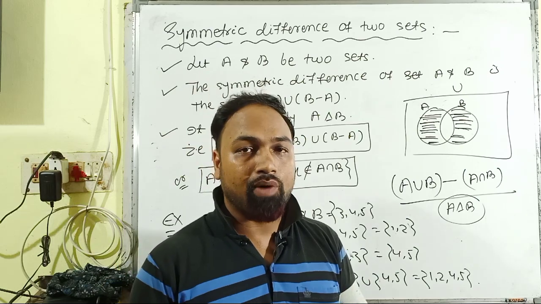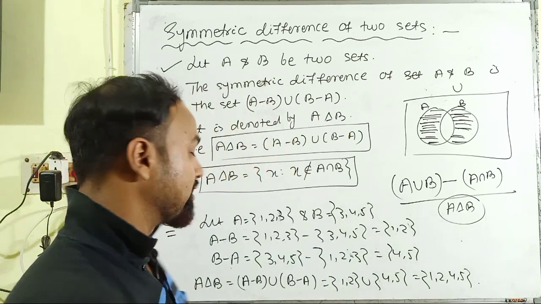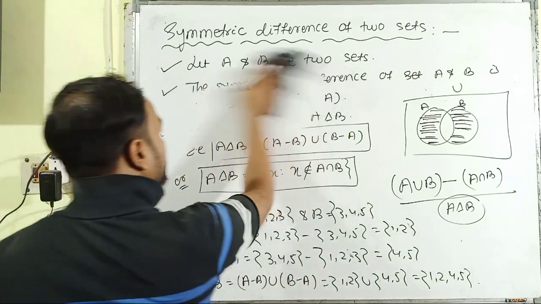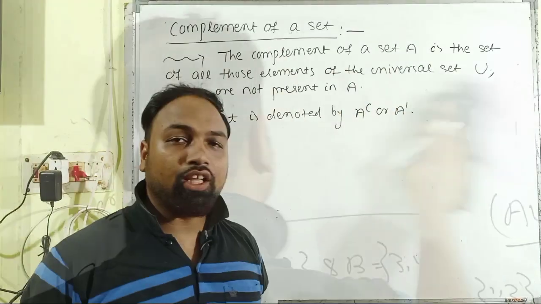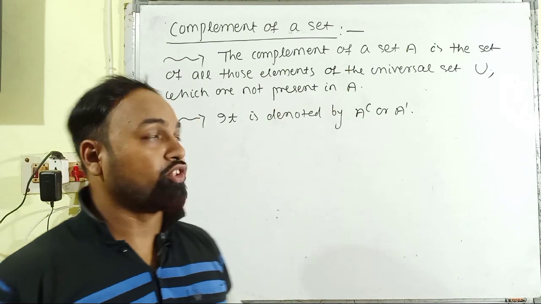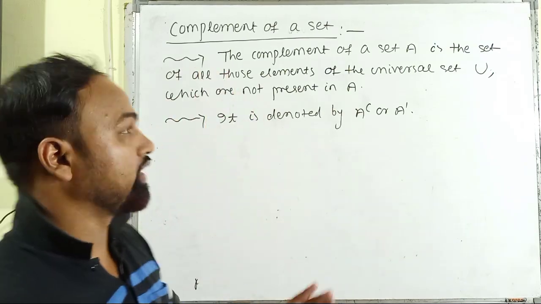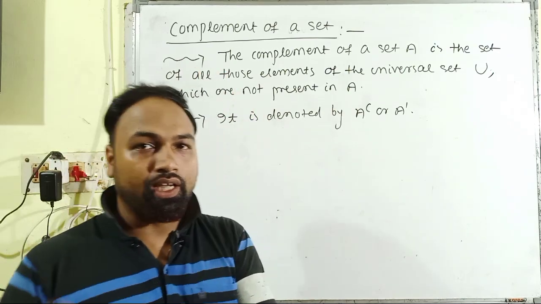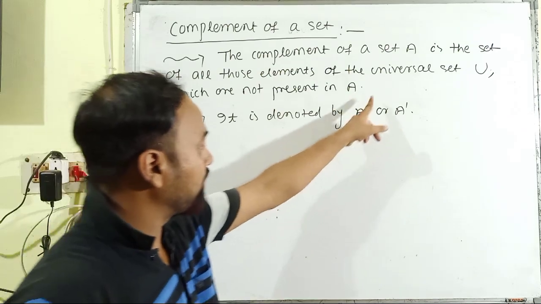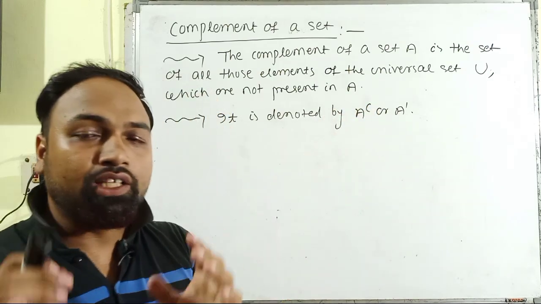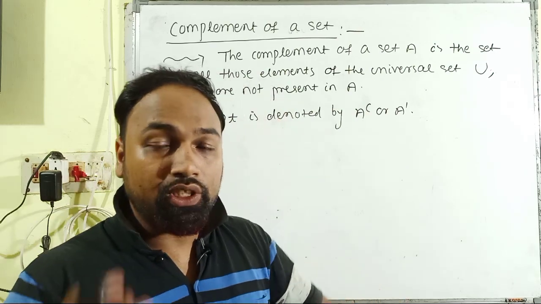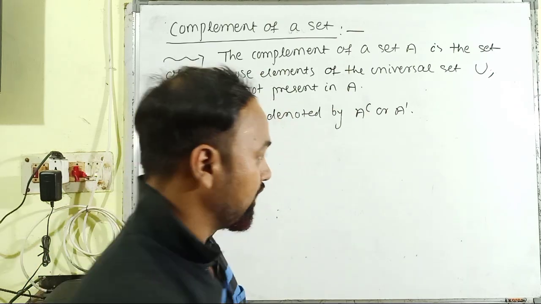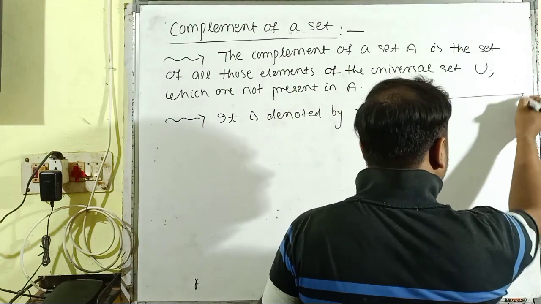Then let us discuss the complement of a set. This is the last phase of this particular video session, and that is the complement of a set. The complement of a set A is denoted by A to the power C or A dash, and it is the collection of all those elements present in the universal set U which do not belong to the set A. Let us take a Venn diagram first.